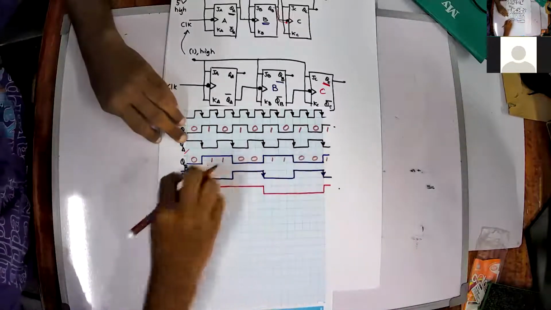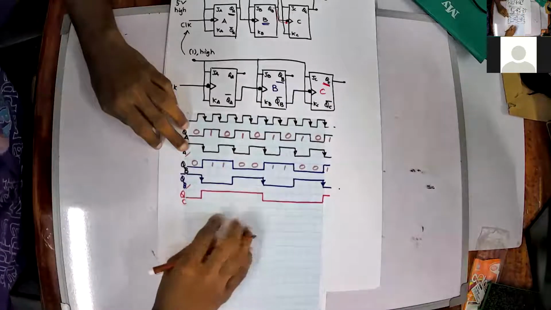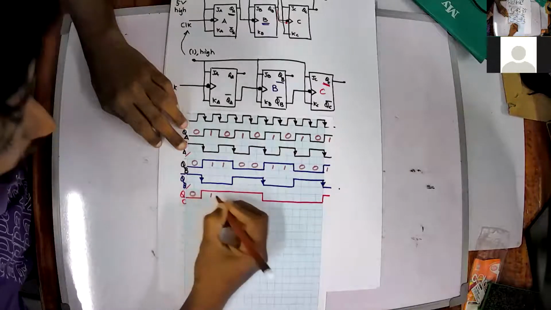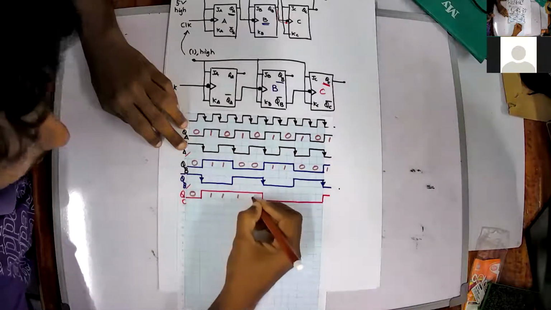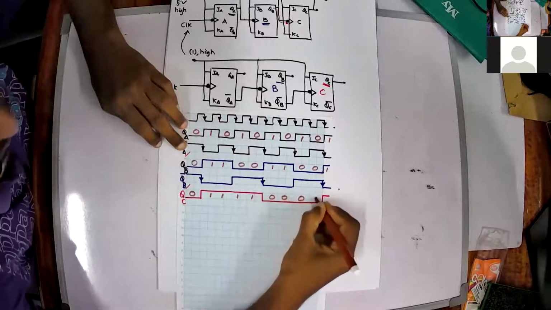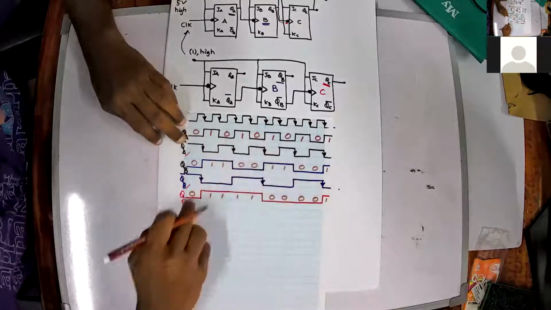Clear, right? I don't want to worry about QB bar because that is necessary only for determining the next level. And QC, I can make it as 0, 1, 1, 1, 1, 0, 0, 0, 0, 1. Clear, right?